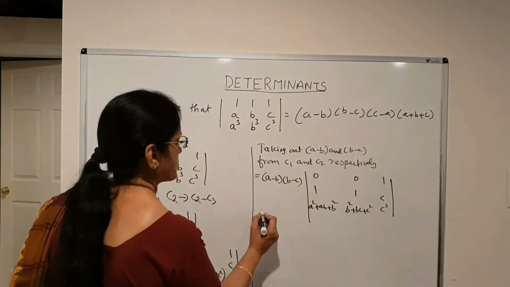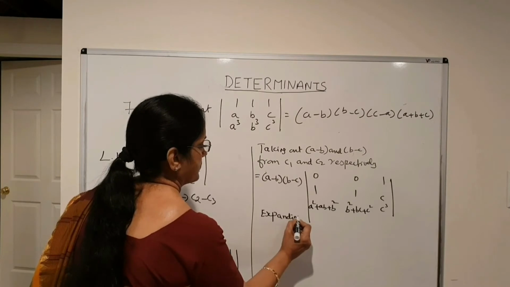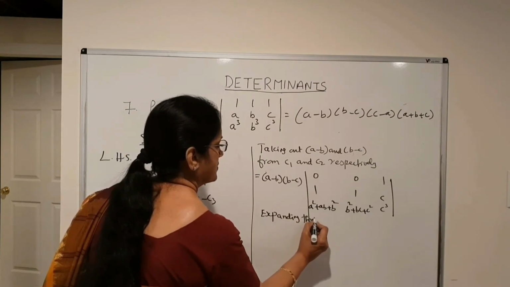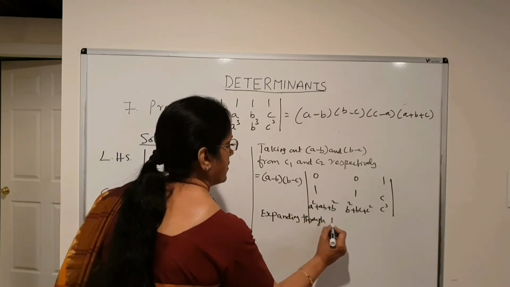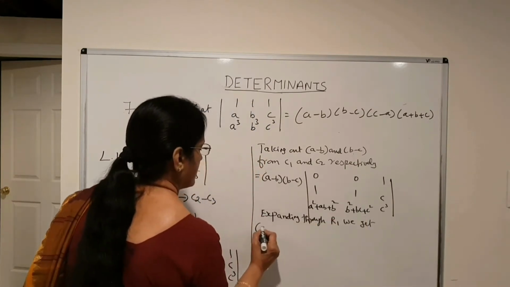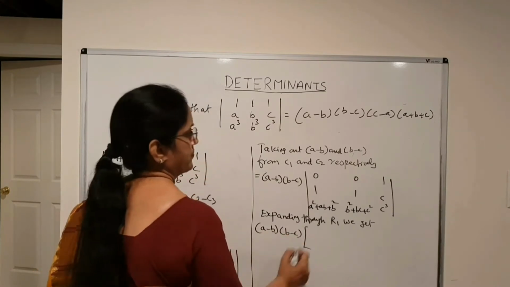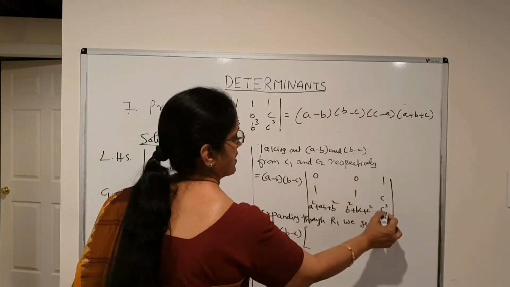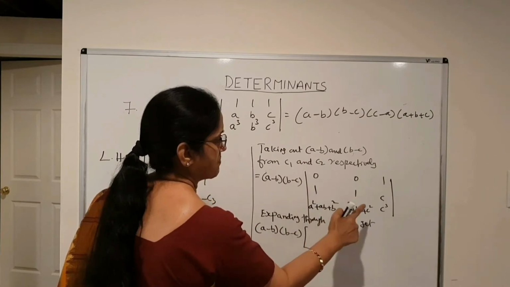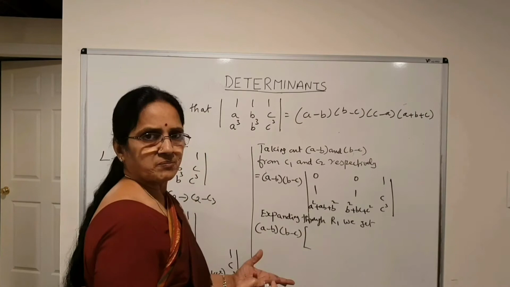Now I can expand this using row 1. Expanding through R1, we get A minus B into B minus C into, leaving the first row and the first column, product of these two terms, minus product of 1 into this A square plus AB plus B square.